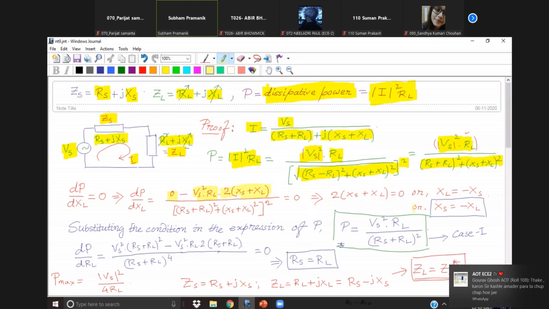So finally we get this: XS is equal to minus XL.